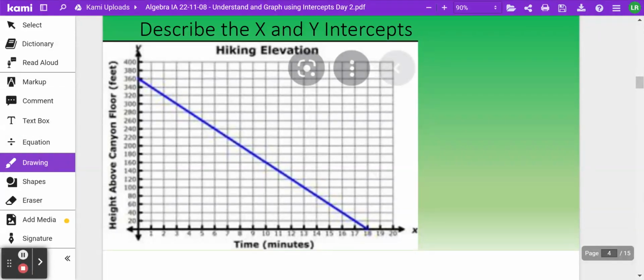All right, here. I know it's a little grainy, hard to see. Our x-intercept would be at 18. So it'd be (18, 0).